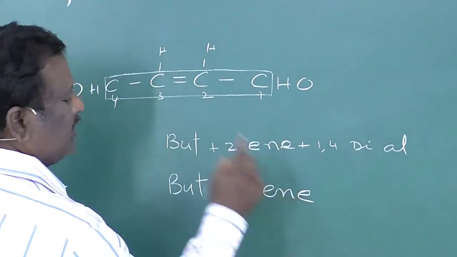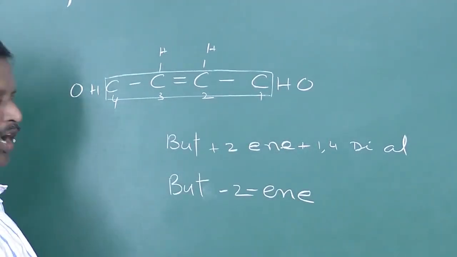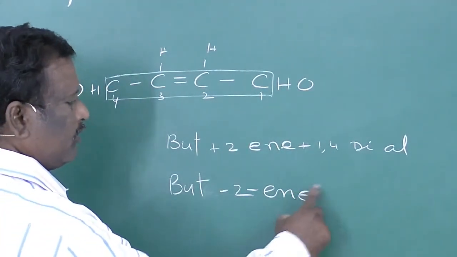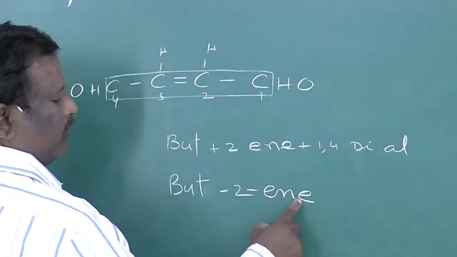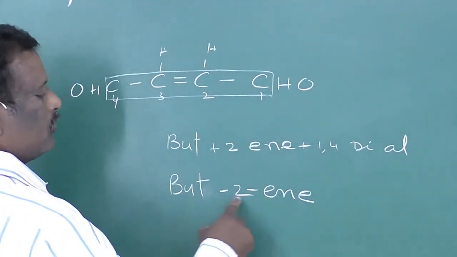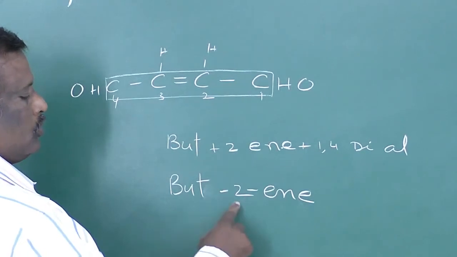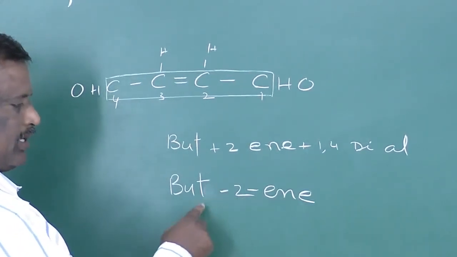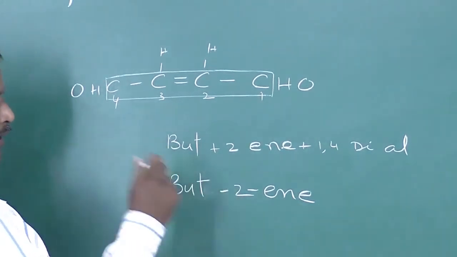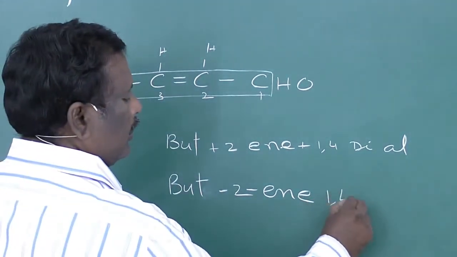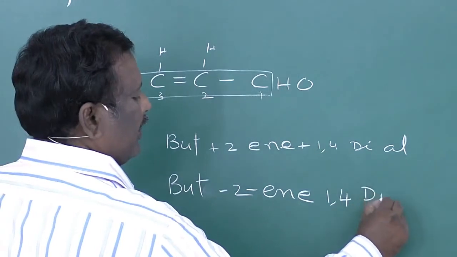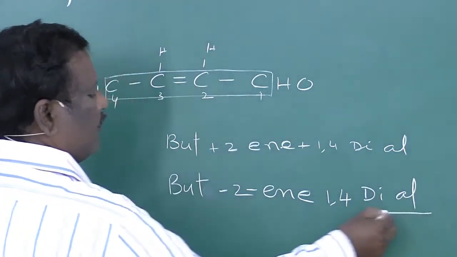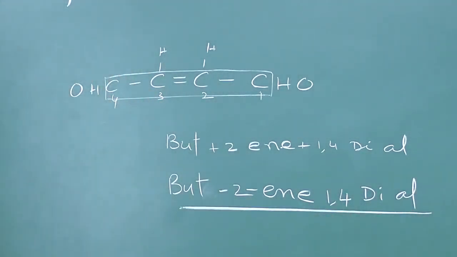You should retain this E. In normal cases, in place of E we will add Al, but here we are not removing the E. But-2-ene indicates that the double bond is present between the second and third carbon. Butene-1,4-dial. This will be the name of this compound.